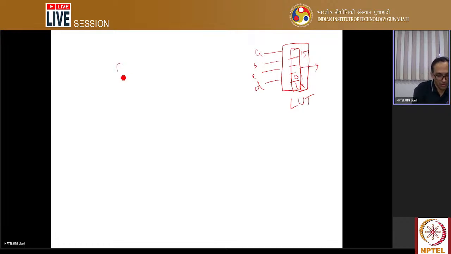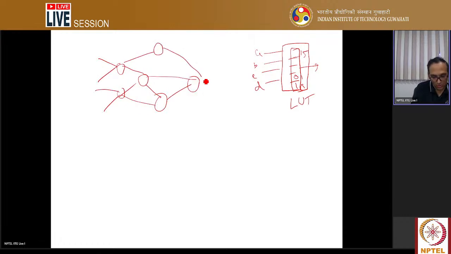So suppose you have a big circuit, right? I'm just taking some arbitrary circuit like this. This is no specific thing. I'm just drawing something to show you.